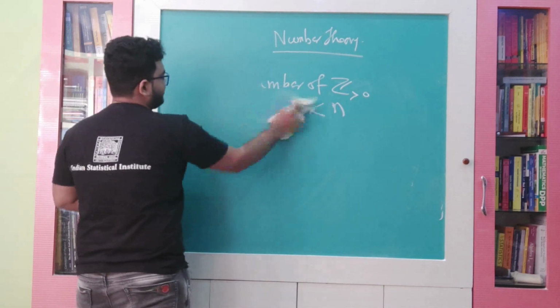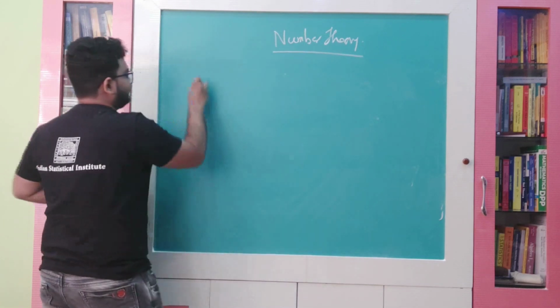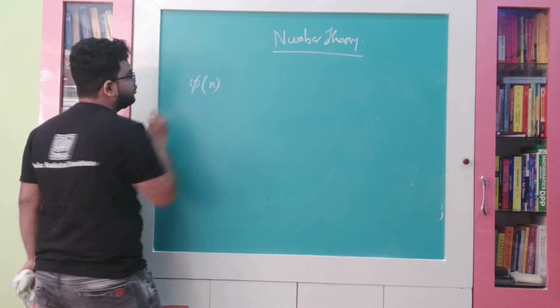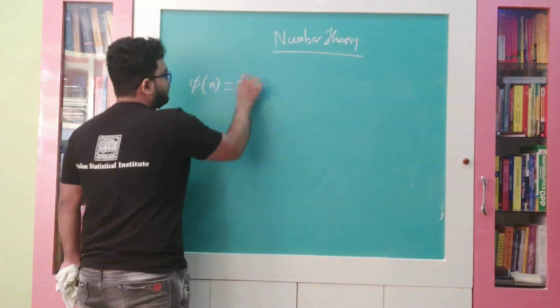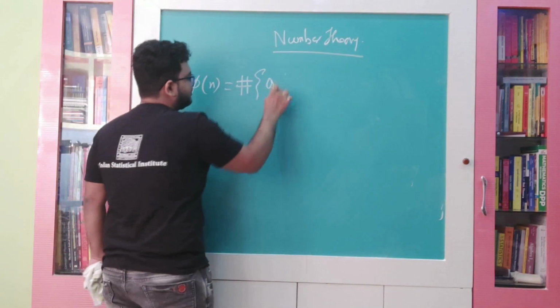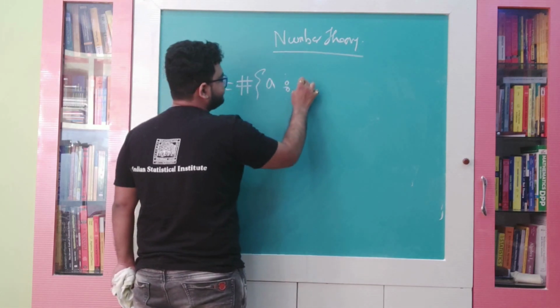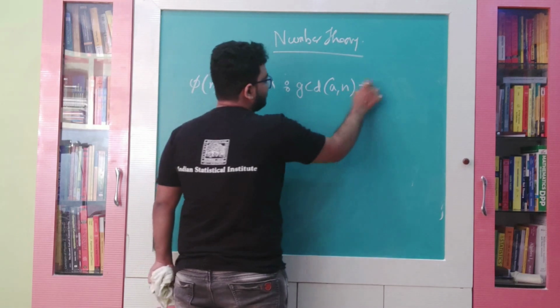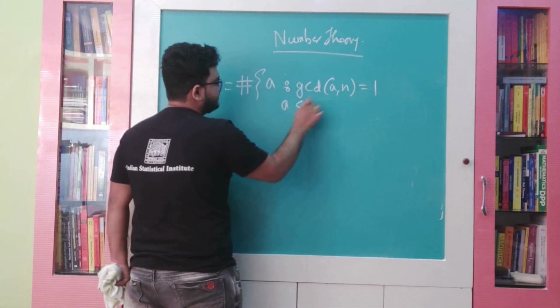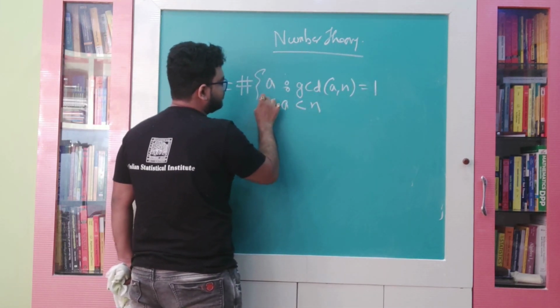Okay, let me write it. Phi(n) is called the Euler totient function. This is the number of integers a such that gcd(a, n) equals 1, with 1 less than or equal to a less than n.